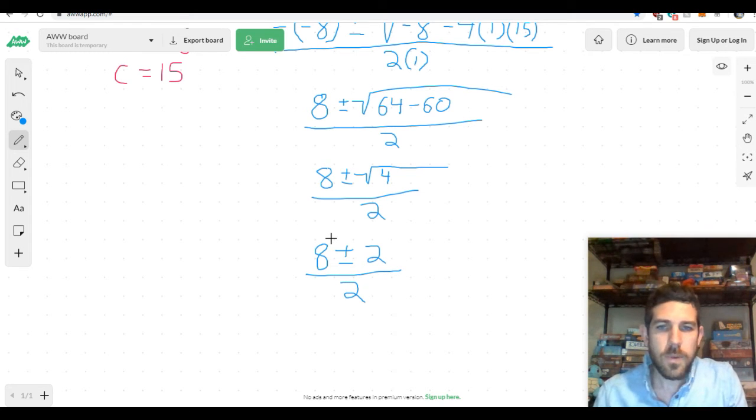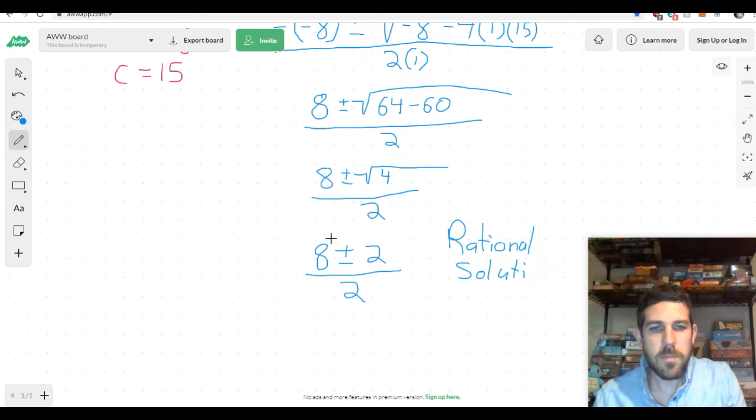And since we were able to square root this number, it was a perfect square, this is going to give us a rational solution. We're going to have a rational solution as opposed to an irrational because we have nice whole numbers here, or at least numbers that can be written as a fraction, as their final solution.